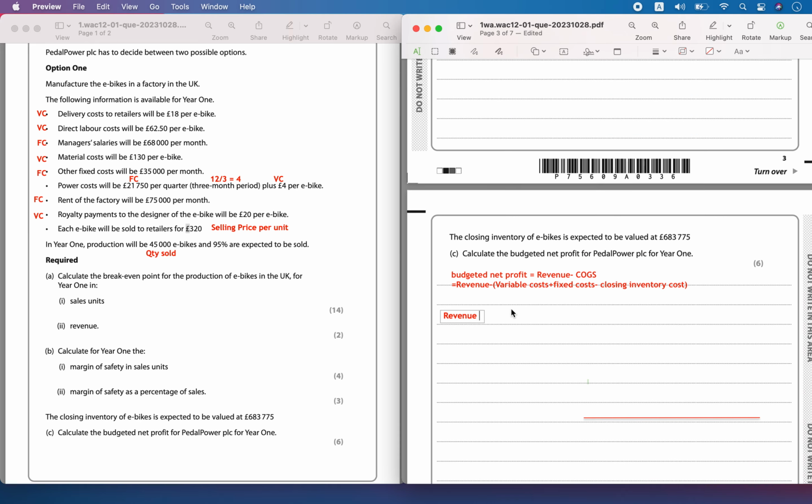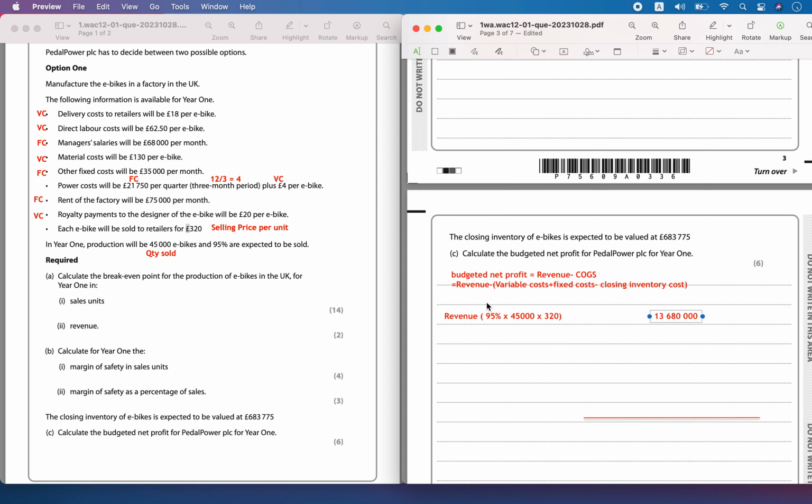The revenue is equal to the number of units that is expected to be sold, 42,750, which I will write as 95% of 45,000, times 320, the selling price. So that is going to be your revenue. The value is 13,680,000. This is the revenue.